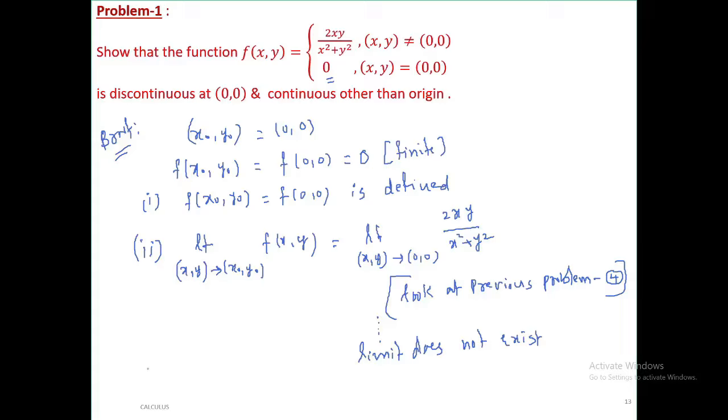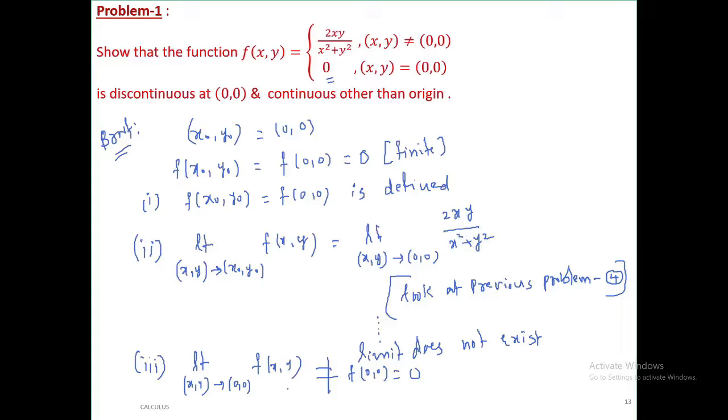So what is the third point now? The third point is that the limit as (x, y) reaches the origin of f(x, y) is not equal to f(x naught, y naught), right? What is f(x naught, y naught)? This value is 0, but the limit value is not equal to 0, right?